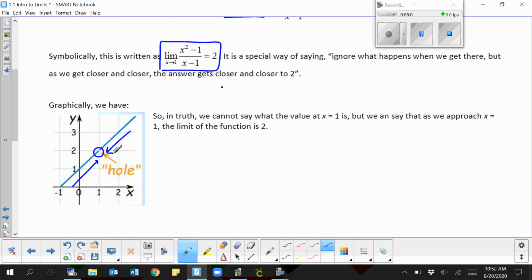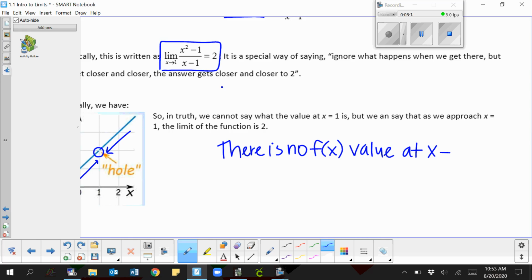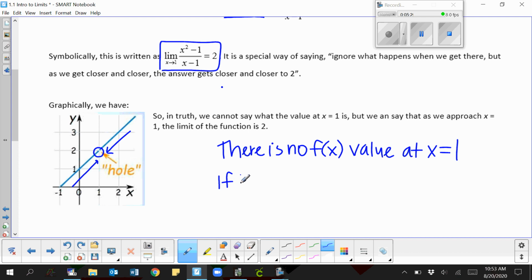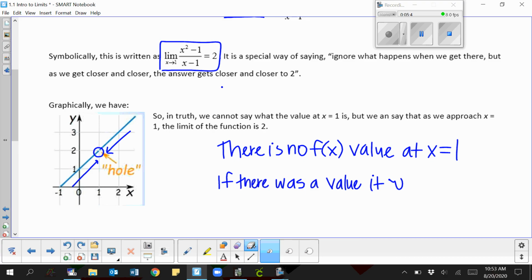So there's no value at x equals 1, but if there were a value, it would be 2. Oh, sorry guys, my pen is going crazy today. It would be 2.